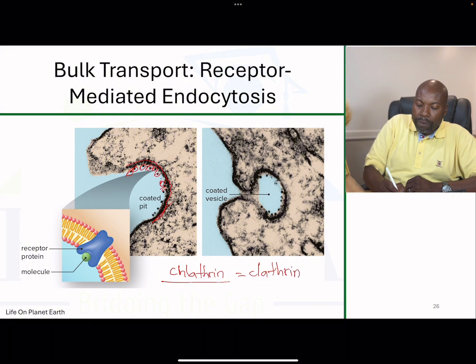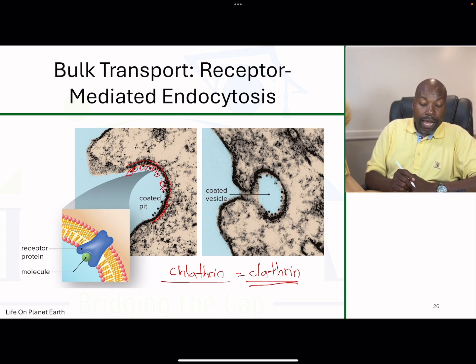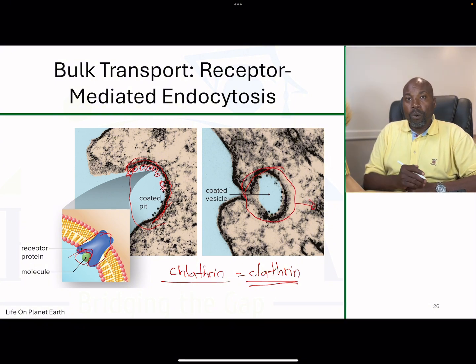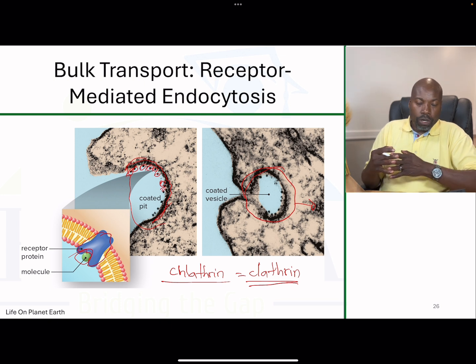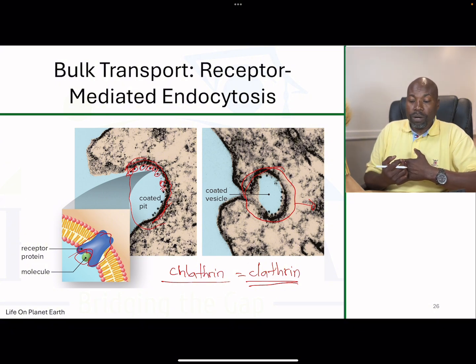I cannot remember exactly the correct spelling, but it's one of the two. Sorry, I'm going to verify. So with that being said, you have the receptor right here. You have the cargo molecule here. And overall, this is going to end up forming a vesicle, and that vesicle is going to bud off and migrate inside. And at that point, the fate of the cargo is going to be defined by the need or the nature of the very chemical that was brought inside.